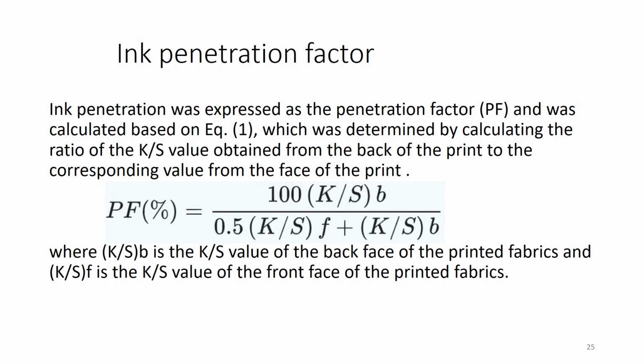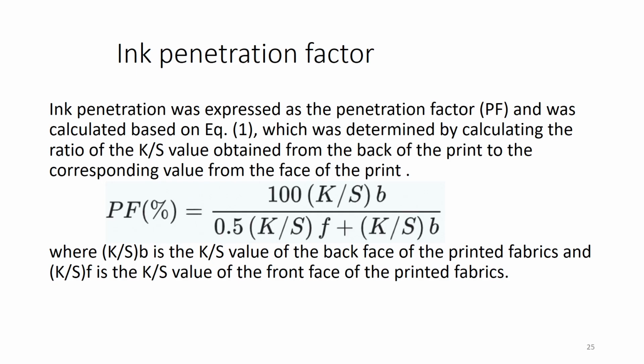Ink penetration factor. Just the way we saw dye concentration, how do we find out dye uptake, similarly, how much ink has penetrated into the fabric can also be calculated and was expressed as the penetration factor, PF, calculated based on the equation shown below, which was determined by calculating the ratio of K/S obtained from the back of the print to the corresponding value from the face of the print.